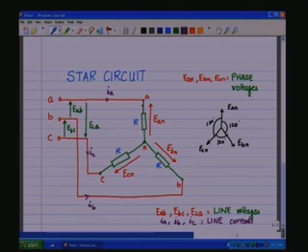and if we take, let us say, the current here as IAP and the current here as IBP and the current here as ICP. Okay. Then IAP, IBP and ICP, they are all the phase currents.